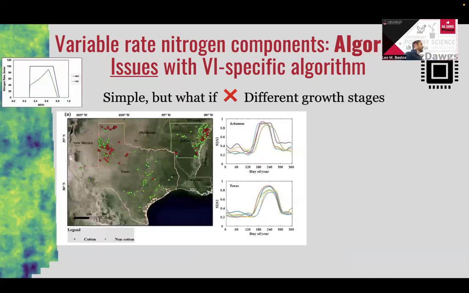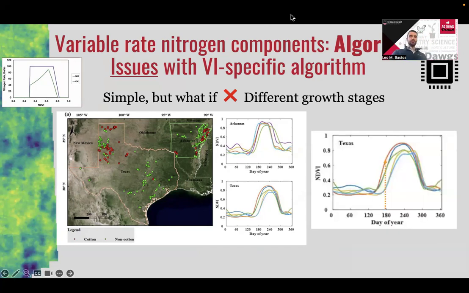Also, something else that this does not account for is if you have different growth stages. Whether a crop is stressed or not, it is going to increase in vegetation index over time because it is growing, right? Here we see an example from a study from Texas and a few other states where a lot of data was collected.